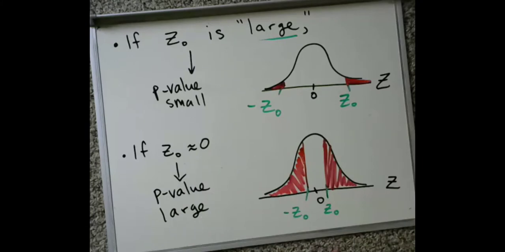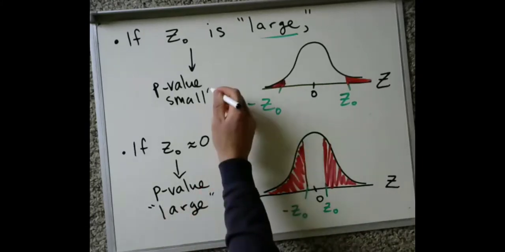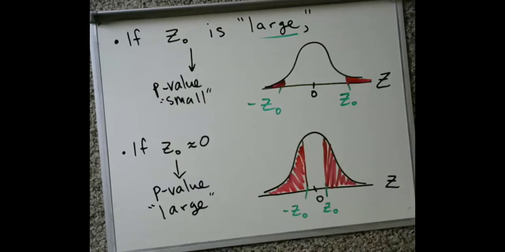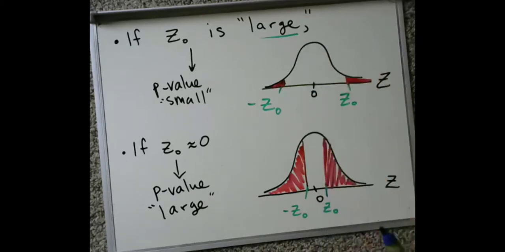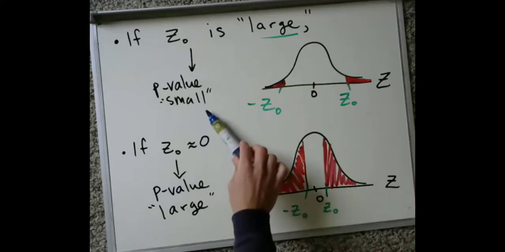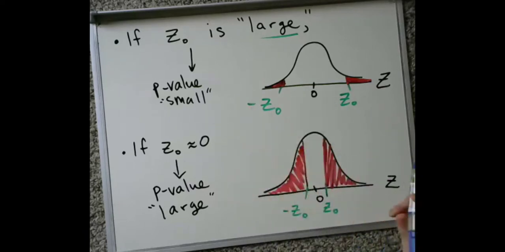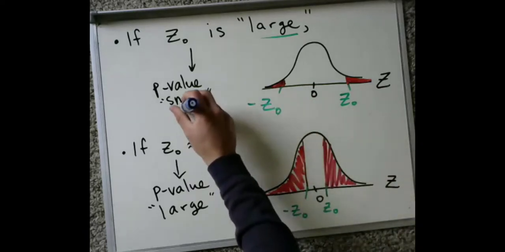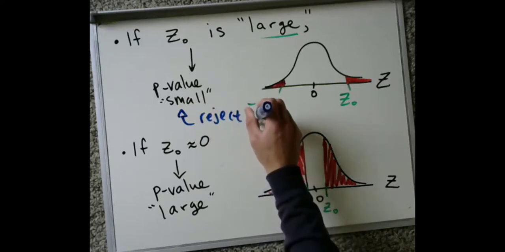And again, I'm being vague. What is large? What is small? Because that's how we're going to base our conclusion. We said already a large test statistic is indicative of a difference. That would result in a small p-value. That would result in a rejection of the null hypothesis.